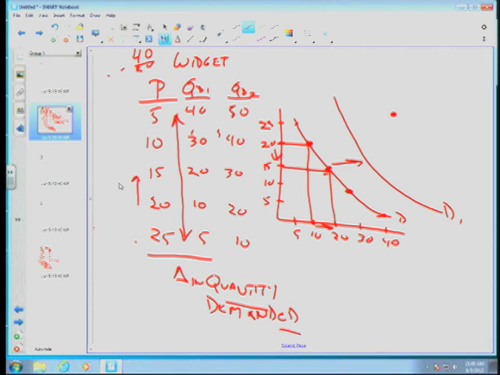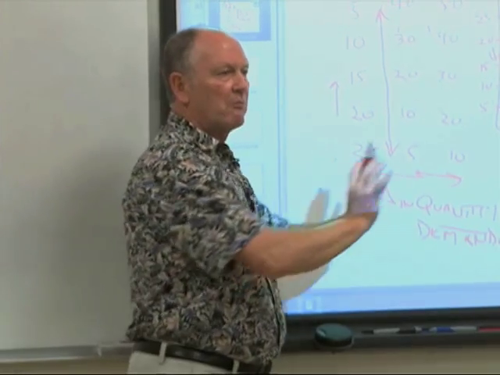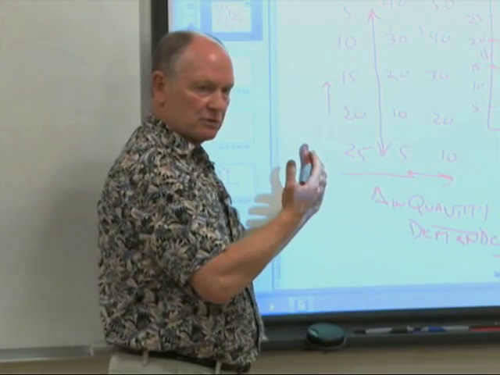But a shift of the entire curve, moving from this column to that column, not up and down in the column, but to a different column. At every possible price we want more. The entire demand curve shifts out. That is a change in demand itself. Change in demand at every possible price, we want more or we want less.